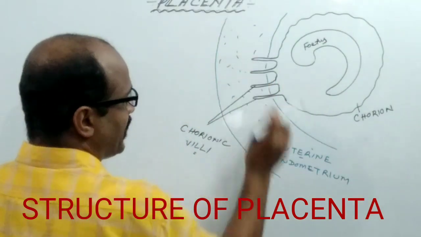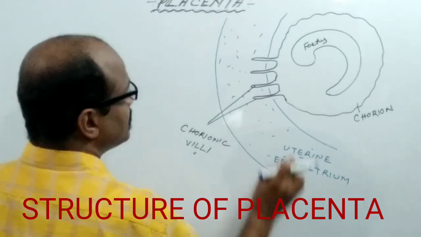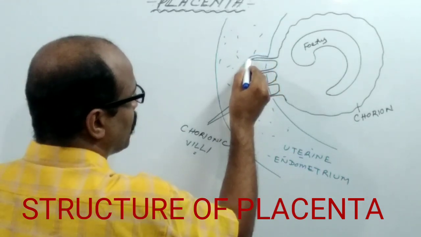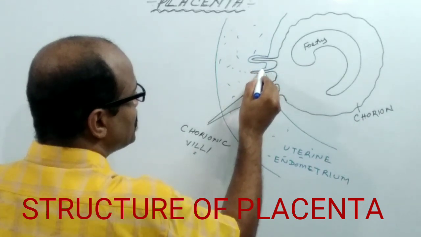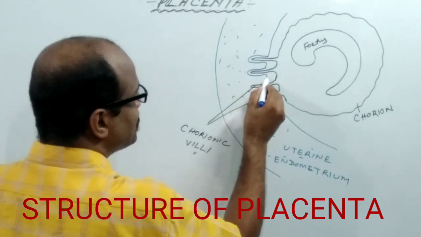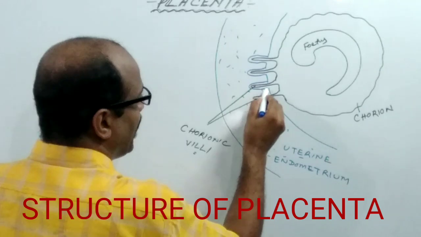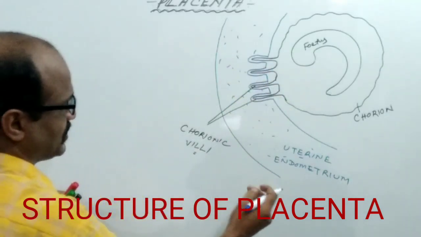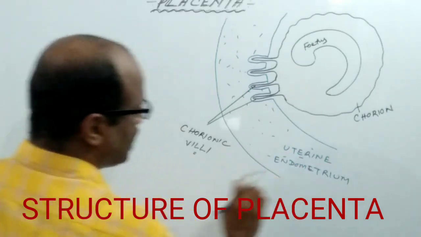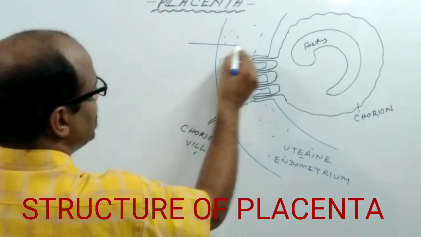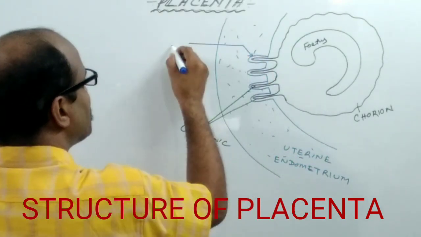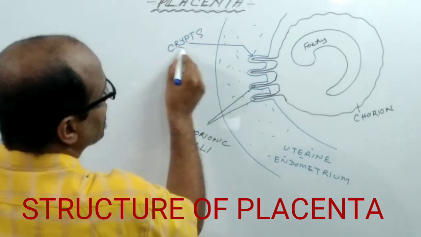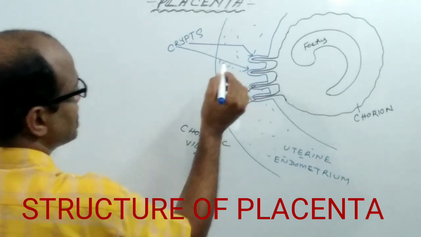Suppose that this is the endometrial wall, and a corresponding depression is formed against the villi. These depressions present inside the uterine endometrium are known as the crypts.